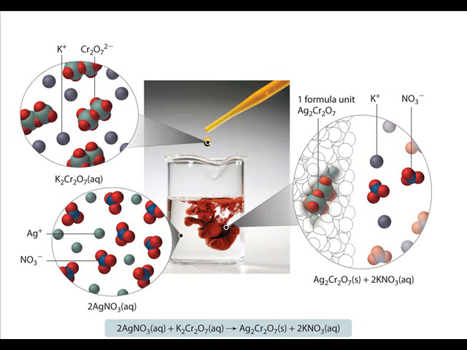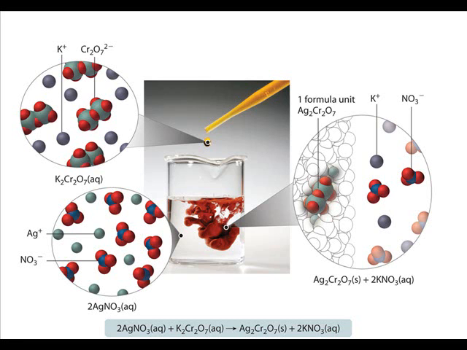So you know it's dissolved in water. Well, what's dissolved in there? There are K+ ions, potassium ions, and there's also Cr2O7 2- ions, and those are dichromate ions. And so those two ions fill the water area, and that gives it the color.